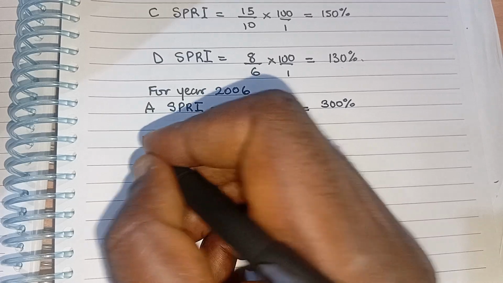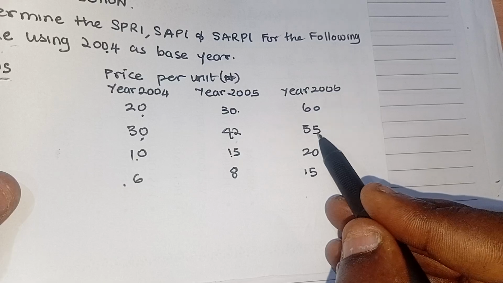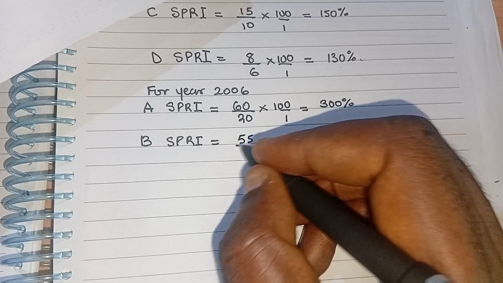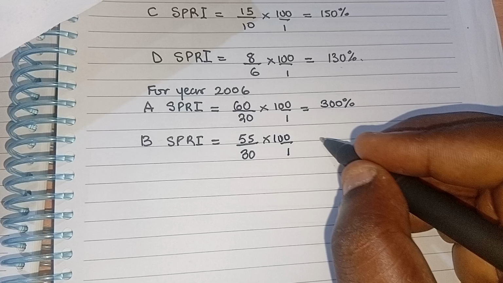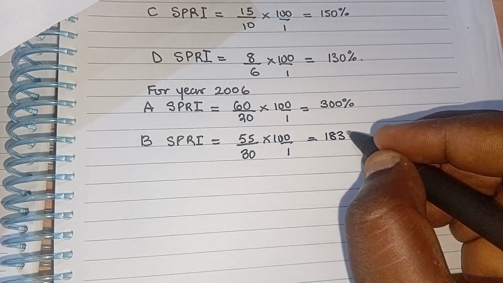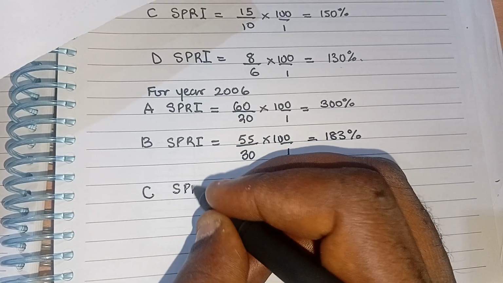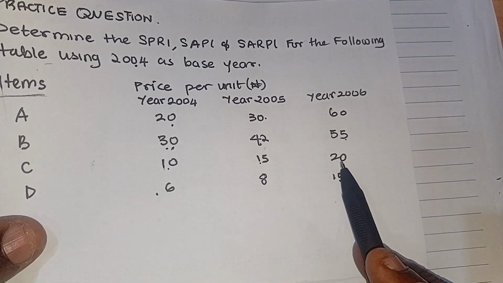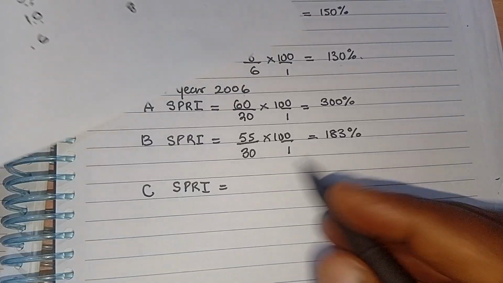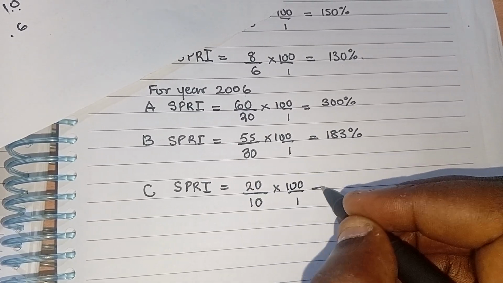Then for item B, SPRI will be 55 divided by 30 multiplied by 100 over 1, and this will give you 183%. For item C, SPRI will be 20 divided by 10 times 100 all over 1.